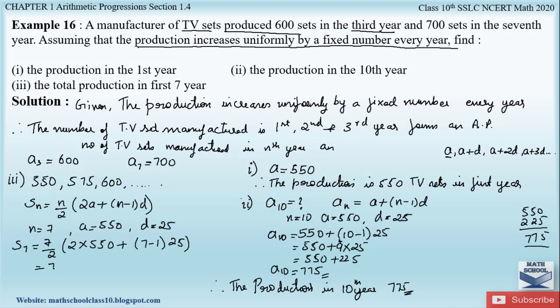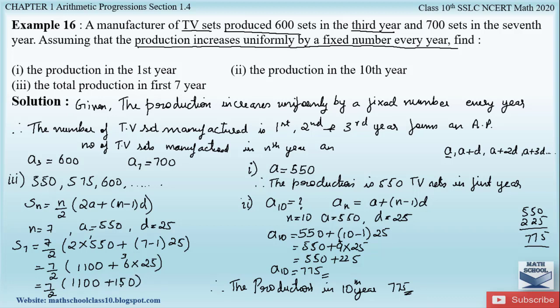Therefore 7 divided by 2. So what is 2 into 550? 2 zeros are 0, 5 2s are 10, carry 1, again 5 2s are 10, 11, so 1100, plus 6 into 25. What is 6 into 25? 5 6s are 30, 6 2s are 12, plus 3 is 15, that is 150.